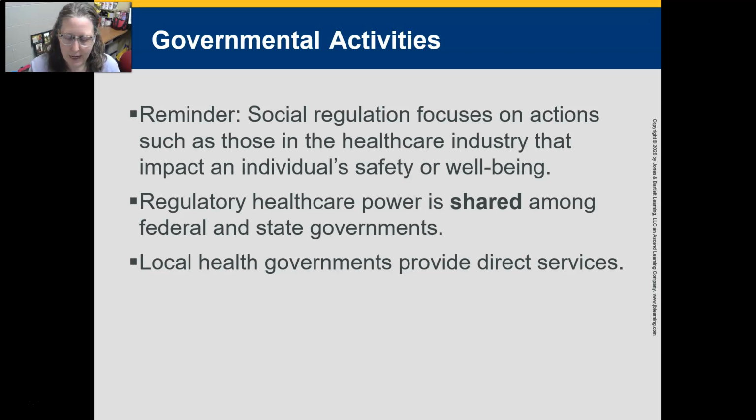But some of the acts in law that were passed, such as the Mothers and Newborns Protection Act, which dictated how long a woman is allowed to stay after vaginal delivery or after a C-section, that's another type of social regulation.